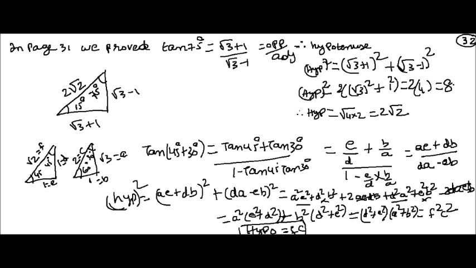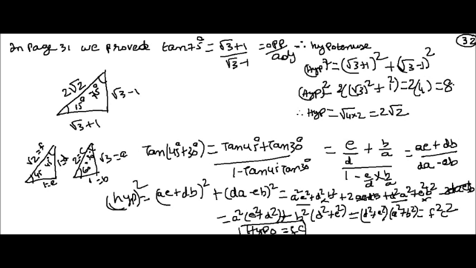AE is the adjacent side of one right angle triangle multiplied by the opposite side of the second right angle triangle, plus the adjacent side of the second right angle triangle multiplied by the opposite side of the first right angle triangle. And the adjacent side of tan of two angles is DA minus EB.